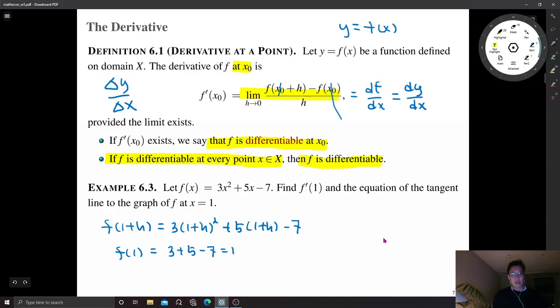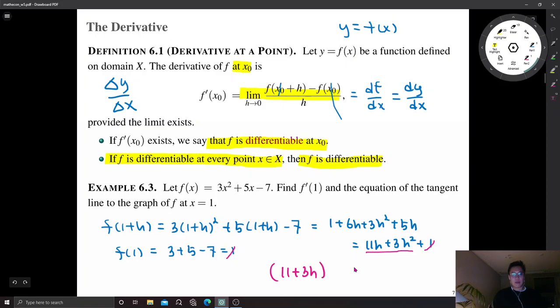If I simplify this expression, it's going to be 1 plus 6h plus 3h squared plus 5h, so 11h plus 3h squared plus 1. The difference between these two, the 1 will be cancelled, so it's going to be just these two terms. We take this and divide it by h, then it's going to be 11 plus 3h.